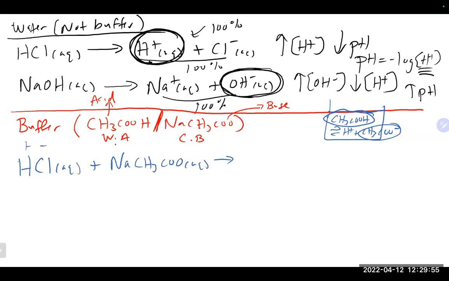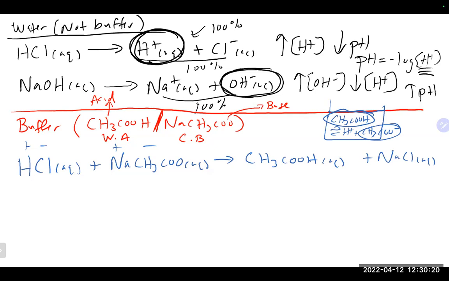Positive, negative, right? The H will come over and make acetic acid. The sodium will then come over and say hello to the chloride and make a little sodium chloride. So this is the reaction that occurs when we add our strong acid to our buffer.